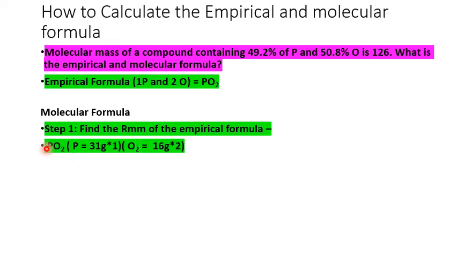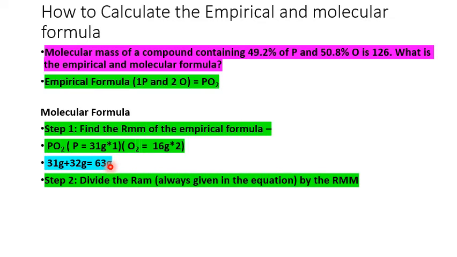And it's only one atom of P, so multiply by 1, and the mass of oxygen is 16, multiplied by 2, it's 2 atoms of oxygen. Then you're going to add up the two products, and that's going to give you your RMM. So you have 31 plus 32 gives us 63 grams, and that's our RMM.